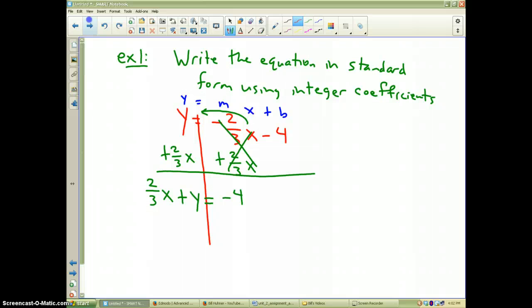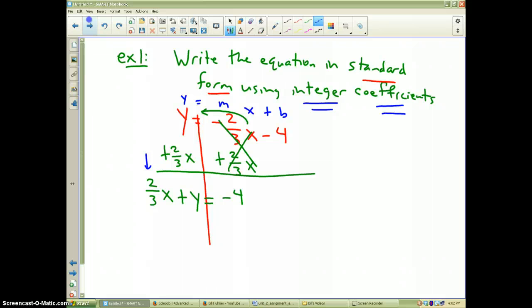We have now written it in standard form because the x and the y are on the same side of the equal sign. There's one problem left. They expect us to write it with integer coefficients, and I have a problem because right there I've got a fraction, 2/3. I don't like that.